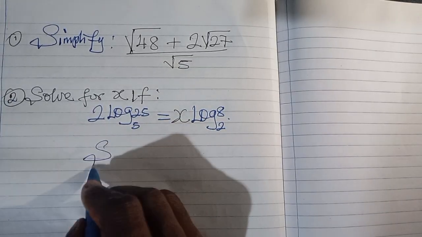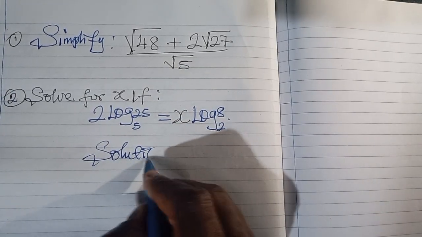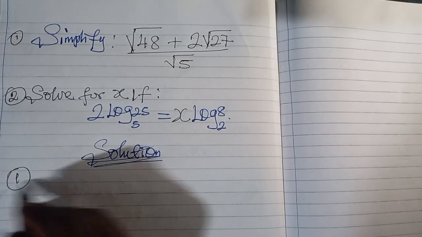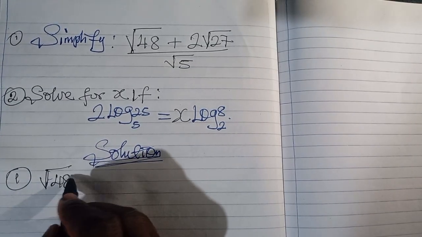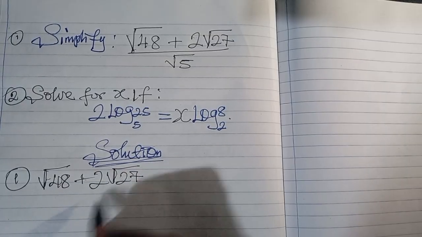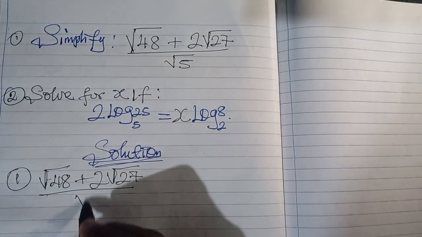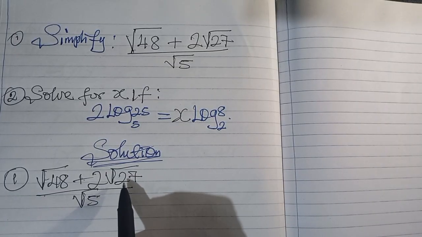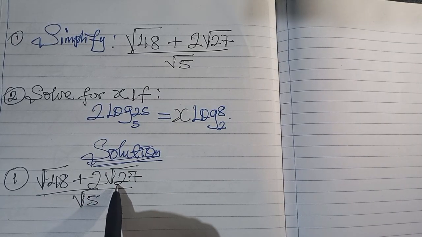Number 1, solution. Okay, we have here root 48 plus 2 root 27 divided by root 5. Good. First thing we are going to do is to reduce them to their basic form.